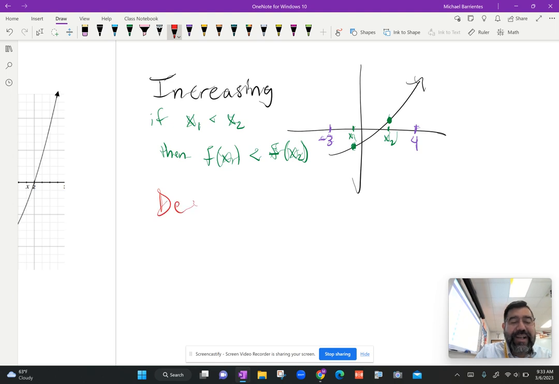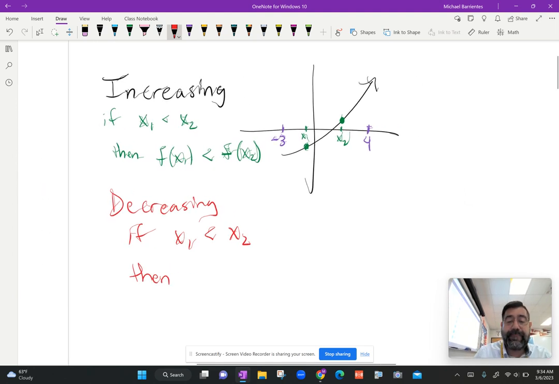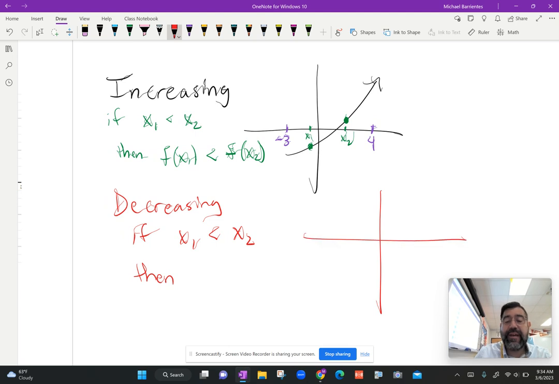Conversely, I know that a graph is decreasing if for any two x values in the window or the interval where I think it's decreasing, if I pick any two x values, then what's happening with the y values? Well, let's look at a picture. If I draw a decreasing graph, this would be a decreasing graph, right?